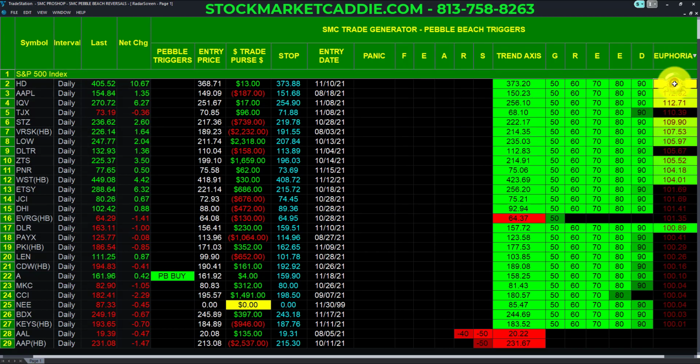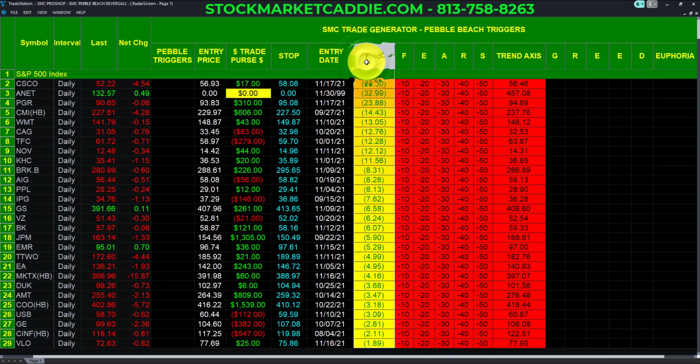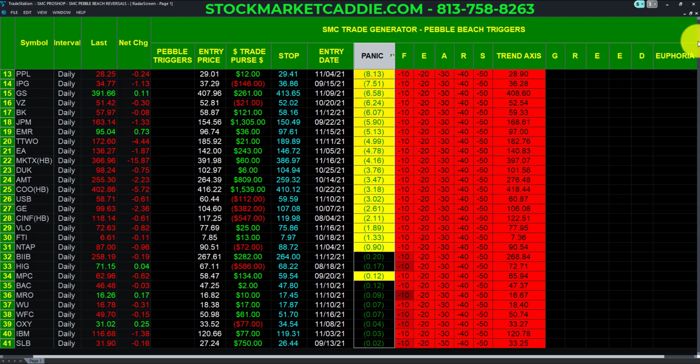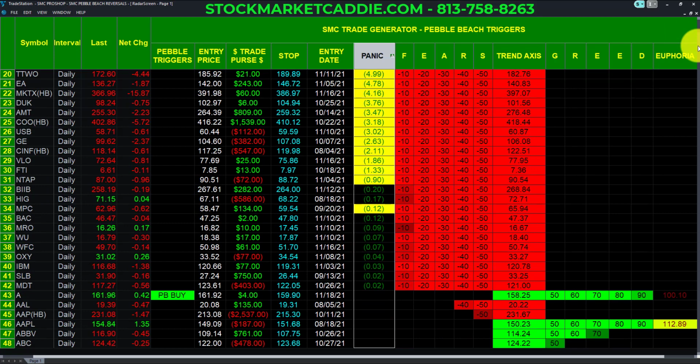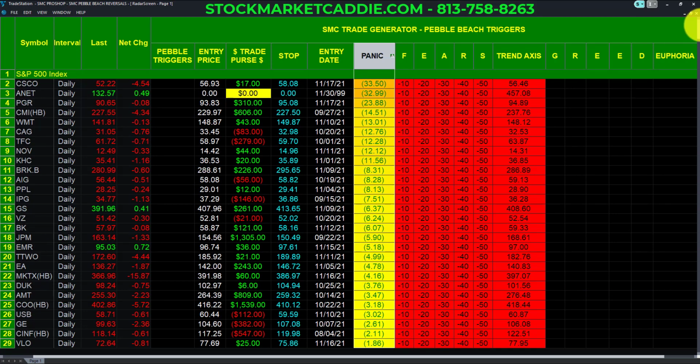So that is how you can sort in real time and do this at night and get all the stocks that are in euphoria. What if you do this? Well, holy smokes, right? We're getting a little bit of a sell down. All these stocks are being panic sold. Now, it may not mean you just rush out willy-nilly and buy one just to buy one.